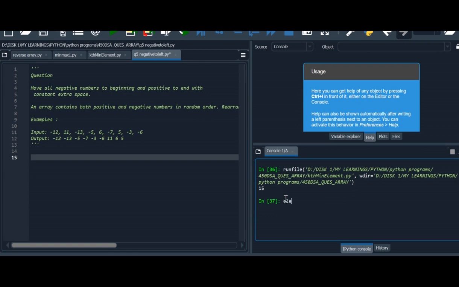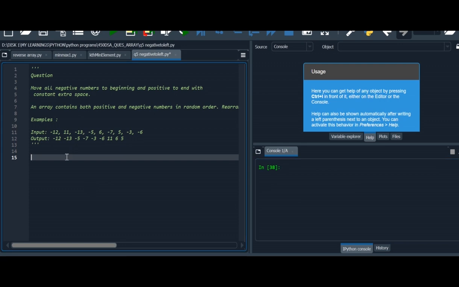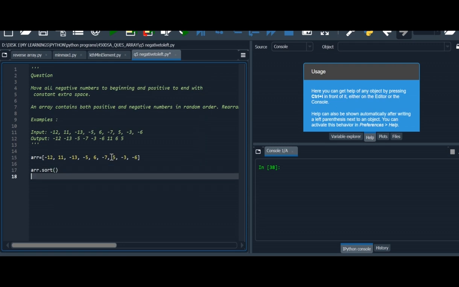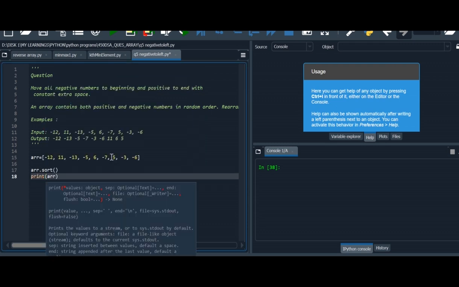Let's just clear our console. Let our array be this. So the very first way to do this is simply sort our array and print it.